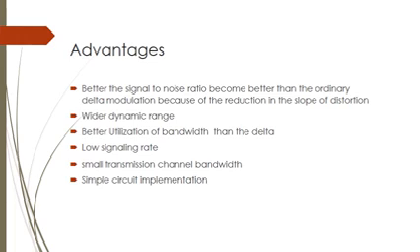Utilization of the bandwidth is better than delta modulation. It also has the advantages present in delta modulation, because it also transmits 1 bit per sampling frequency, that is, a low signaling rate, small transmission channel bandwidth, and simple implementation of the circuit.